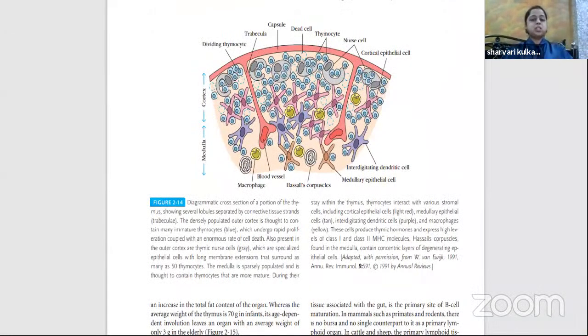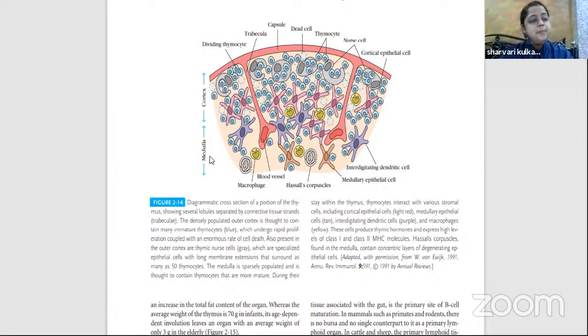So, this is the cross section of thymus, which shows several lobules separated by connective tissue strands. Okay, can you see here? These lobules are separated by connective tissue called trabeculae.